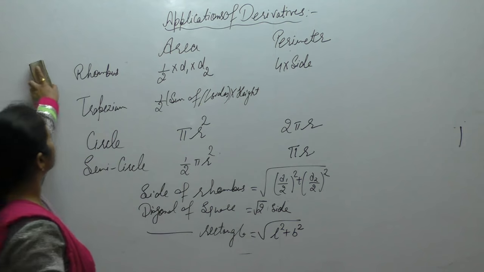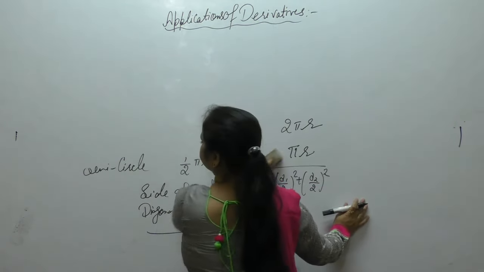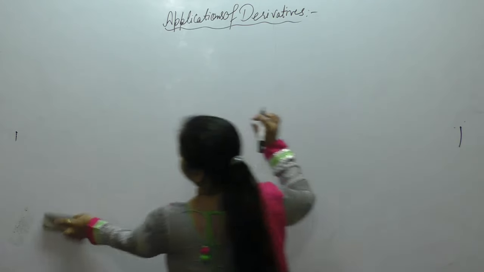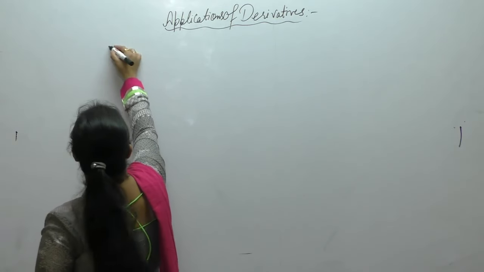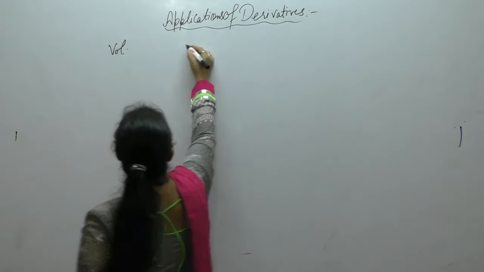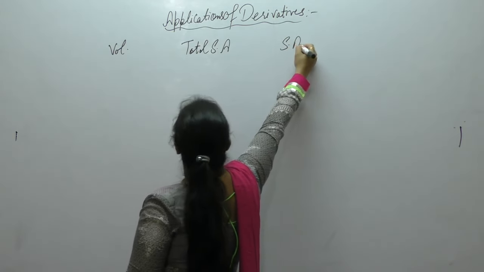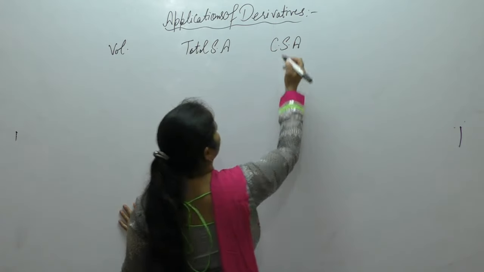Now the next is about volume and area. Volume, total surface area and lateral or curved surface area.